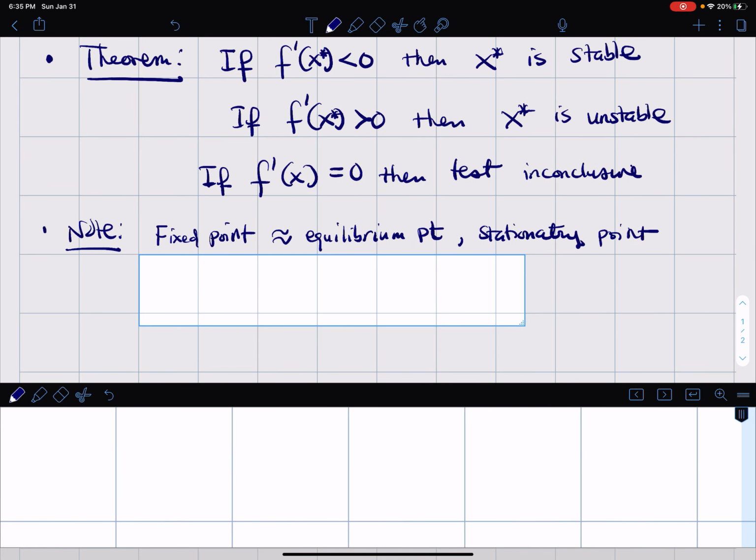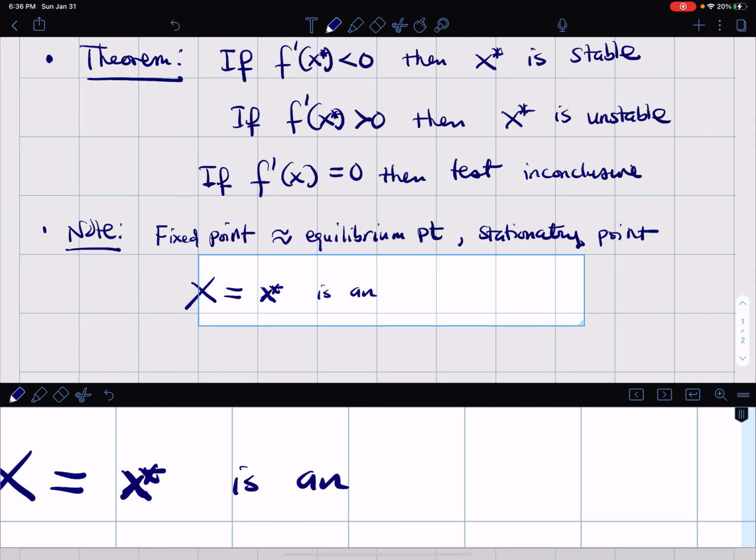Okay, so x star is always a number. That means the solution x = x star is going to be an equilibrium solution.